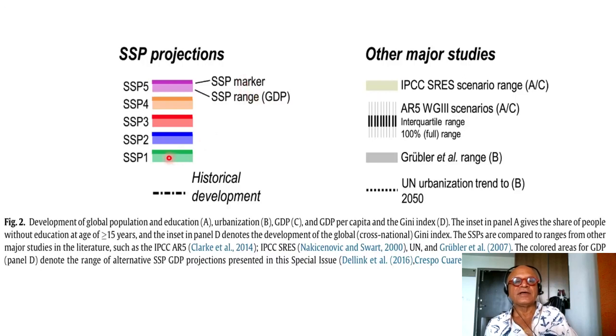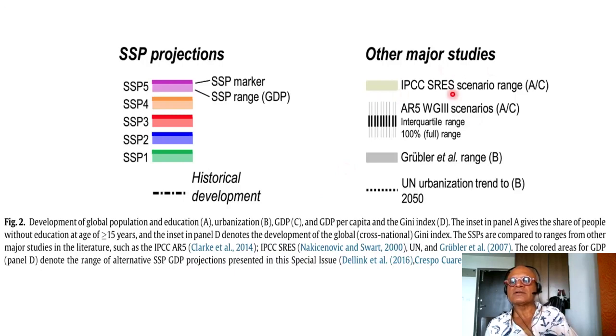So for SSP1 you have here, the colors obviously indicate GDP as seen here, and a range of alternative SSP GDP projections are presented in this special issue. This particular journal issue was a special issue which discussed various aspects. I've taken just the overview paper. So there are other major studies.